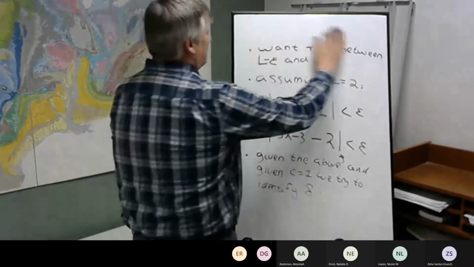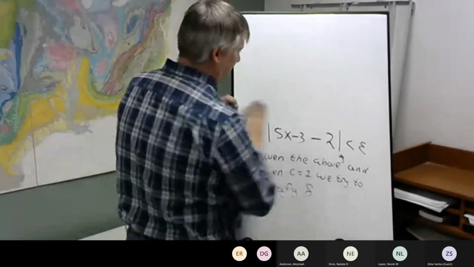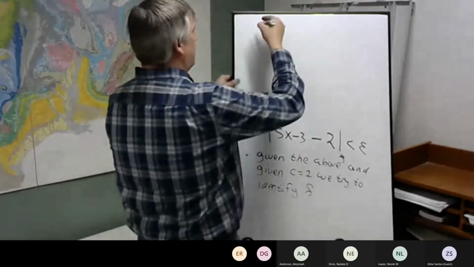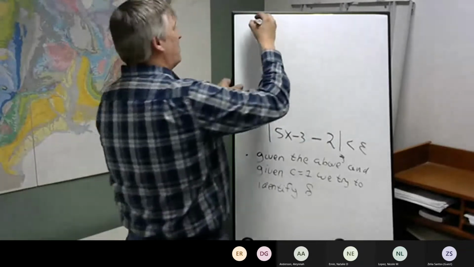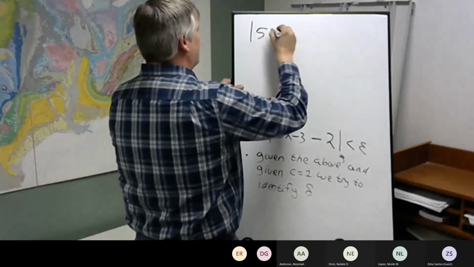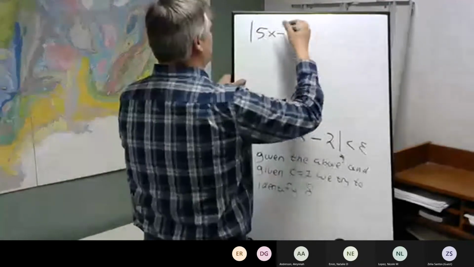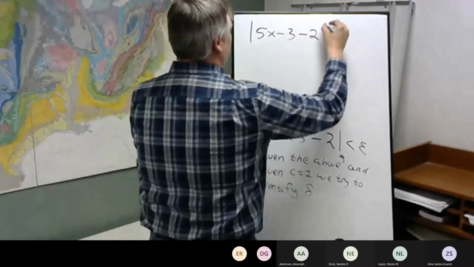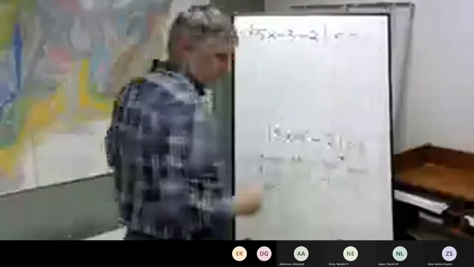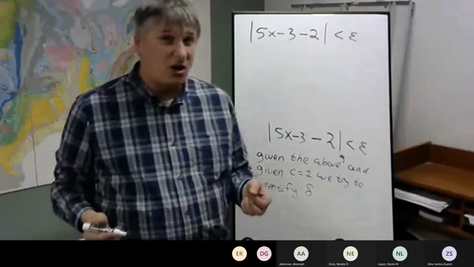So we're going to start with this. This is one way of going about these problems. The absolute value of 5x minus 3 minus 2. We're going to try to solve.